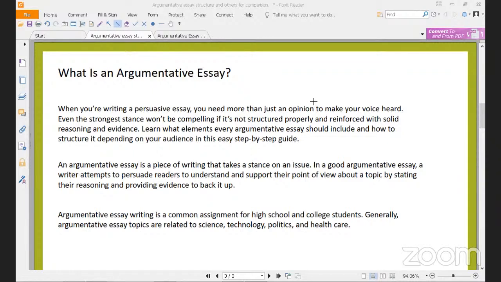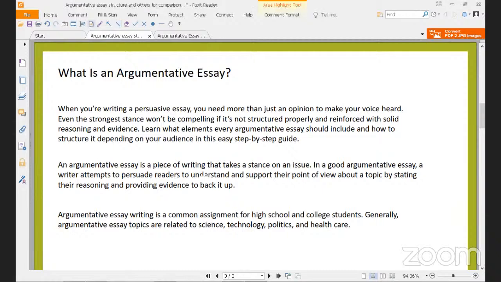In a good argumentative essay, a writer attempts to persuade readers to understand and support their point of view about a topic, by explaining their reasoning and providing evidence to back it up.